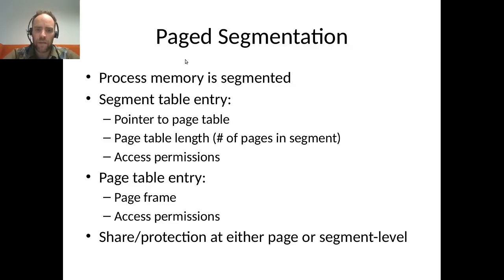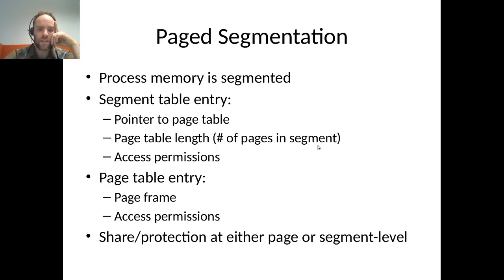So let's look at paged segmentation, because that's one of the most common improvements. Process memory is segmented, of course, we know that. The segment table entry has a pointer to a page table, not a pointer to a segment in physical memory. And the page table length is the number of pages in that segment.